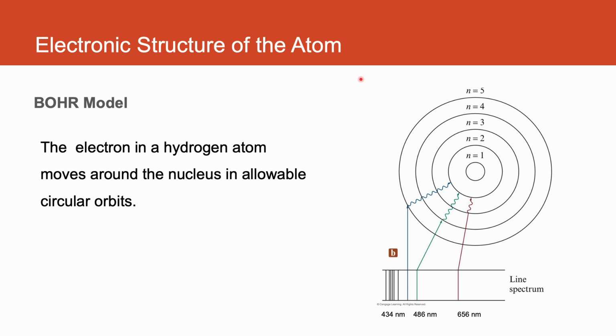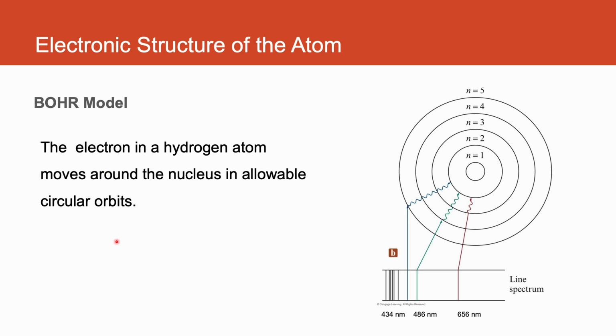But it no longer reflected other atoms that have more than one electron. Hence, the Bohr model was then replaced with your quantum atomic model in the 1920s. Why? Because the Bohr model didn't take into account some quantum physics principles that were discovered later on, for example, that a particle could also behave as a wave.